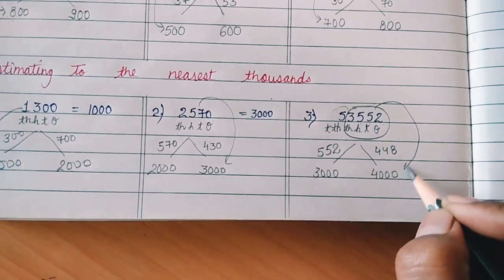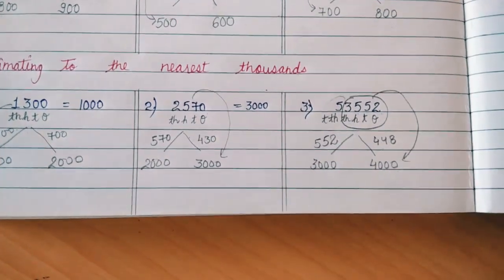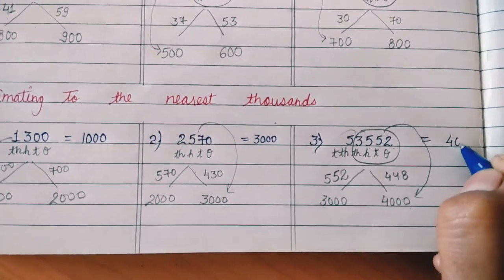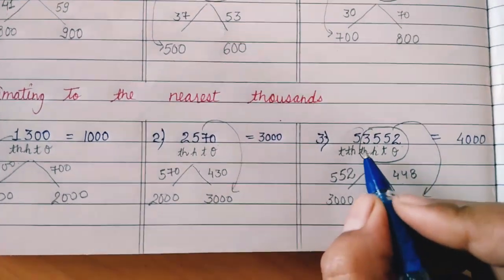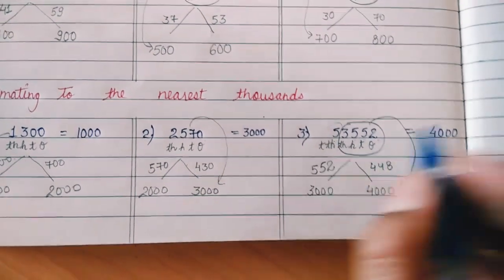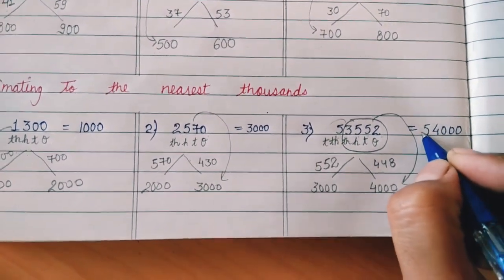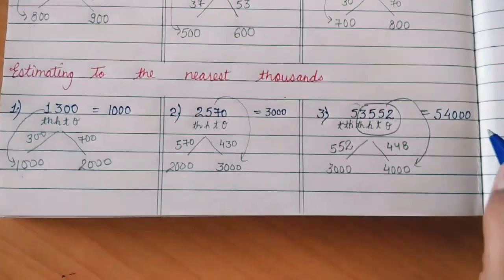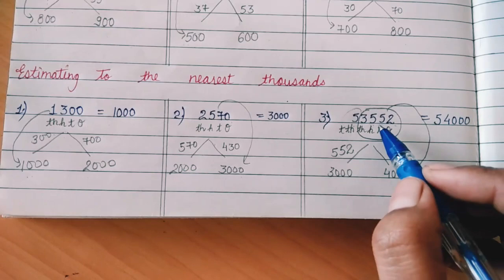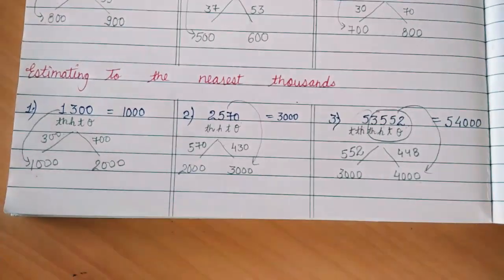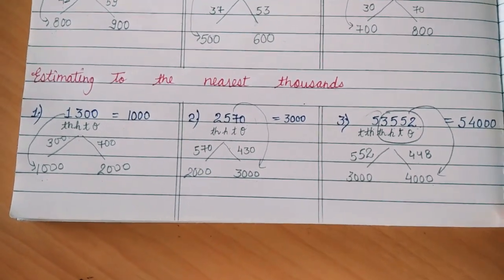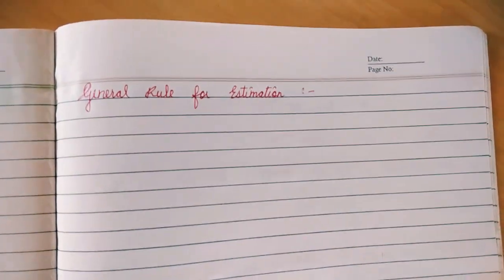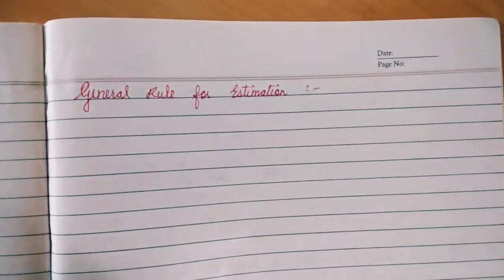That's why our 3,552 will change into 4,000, and the number that we left comes as it is. So our answer is 54,000 after estimating 53,552 on the 1000 place.